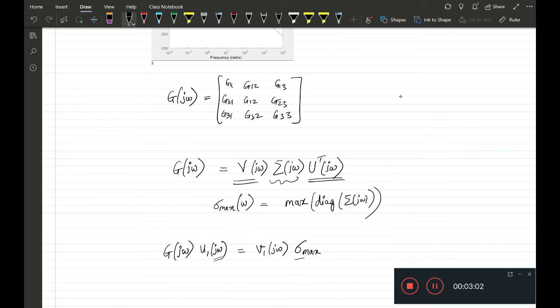I show j omega dependence here because the directions and the values might be different at different frequencies.